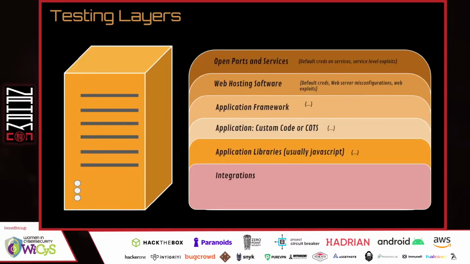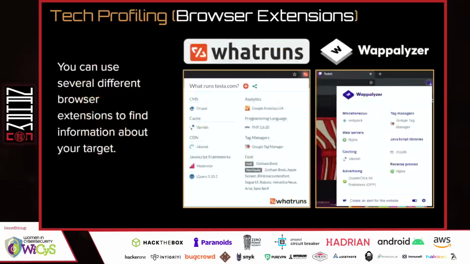So this is how I look at the testing layers for any given application, and how I break them down in my mind. I have to test each one of them, and we'll talk about techniques and tools and tips and tricks to go after most of these places in this talk. So the first thing I need to do when I attempt to hack a site is I need to know what technology it's running.